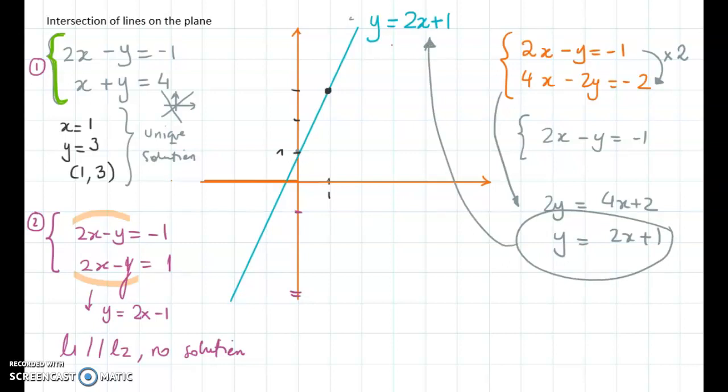Now what does it mean for a point to be a solution of this third case? It means that the point verifies the equation 2x minus y is equal to -1. So the point verifies the equation of the line, so it means that the point belongs to the line. That means that we have infinitely many solutions, and those are all the points of the line.